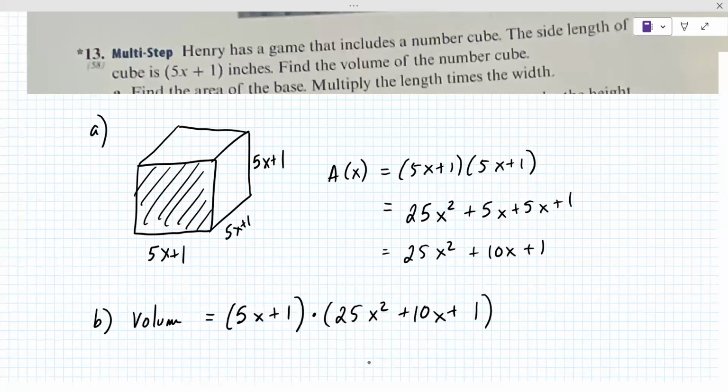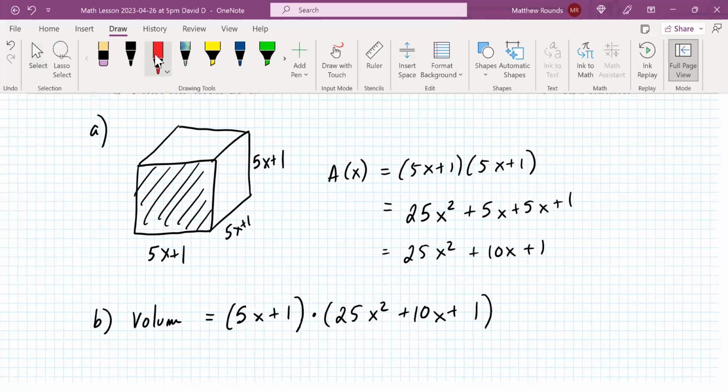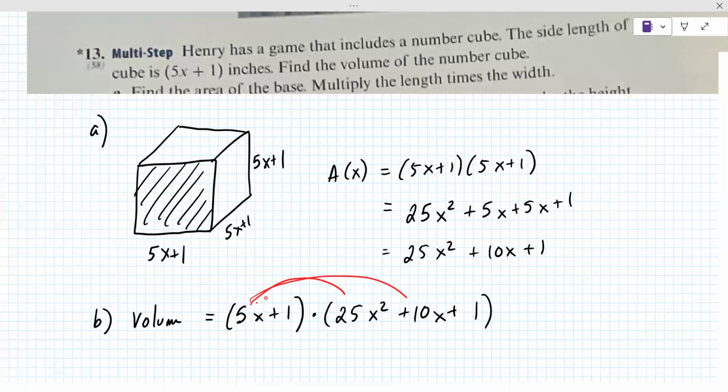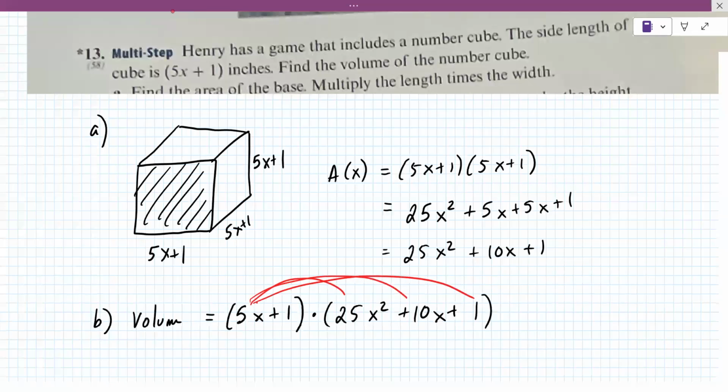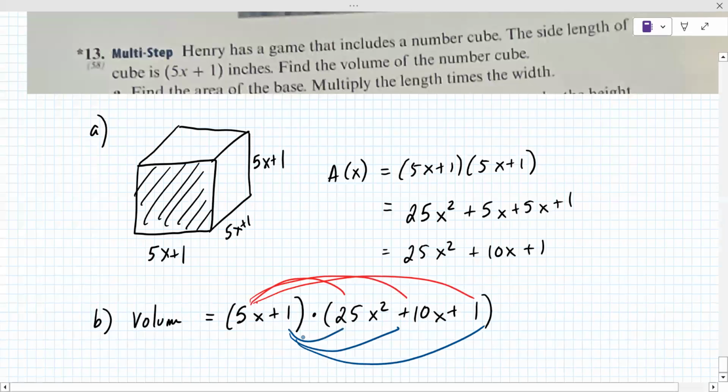So it's kind of a FOIL problem. You have to take that 5x and multiply it by everything in here. And then similarly, you take the 1 and you multiply it by everything in there. So will you attempt to do that for us, please?